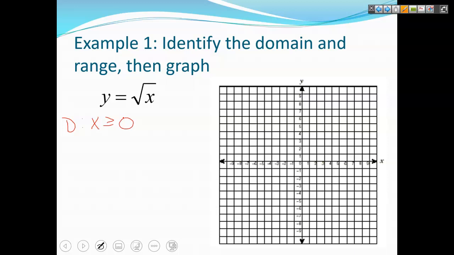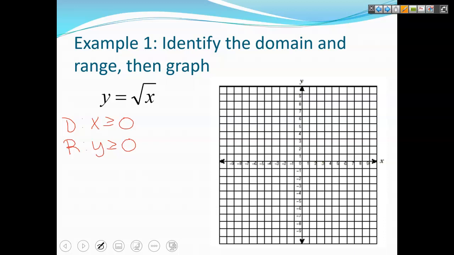The range is going to be all the positive values that make that true. So the parent function range is y greater than or equal to 0.